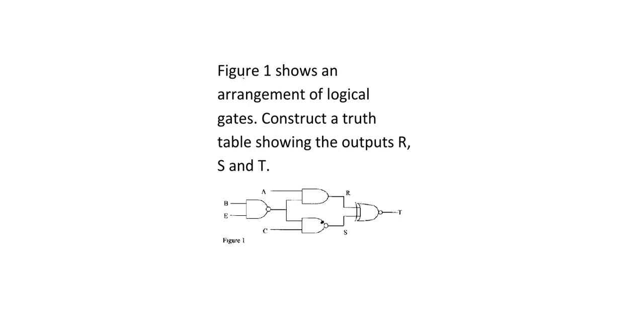So we have the inputs B and E. These inputs are getting to our gate. This gate is called a NAND gate, and the bubble at the end, the circle at the end of the gate, means that we have a connection of a NOT gate at that point.